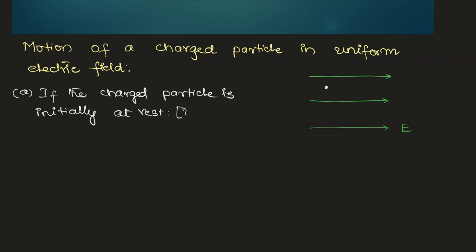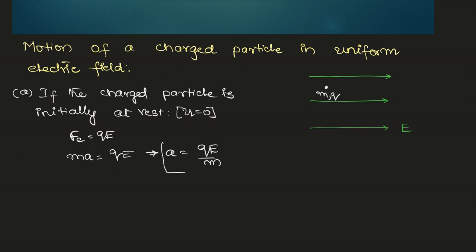That means its initial velocity is zero, and as it has some mass as well as charge, the electrostatic force experienced by it is qE, which equals mass into acceleration. From this, acceleration will be equal to qE by m.